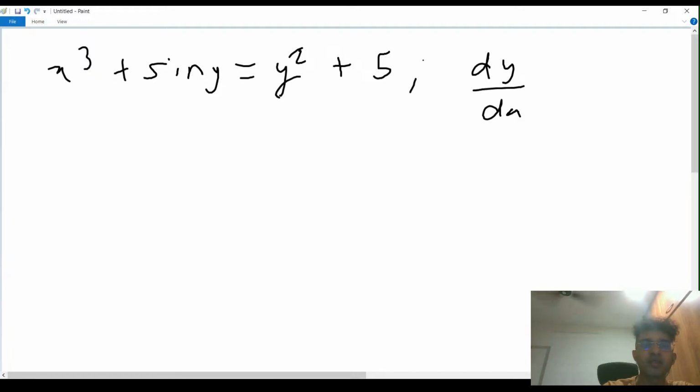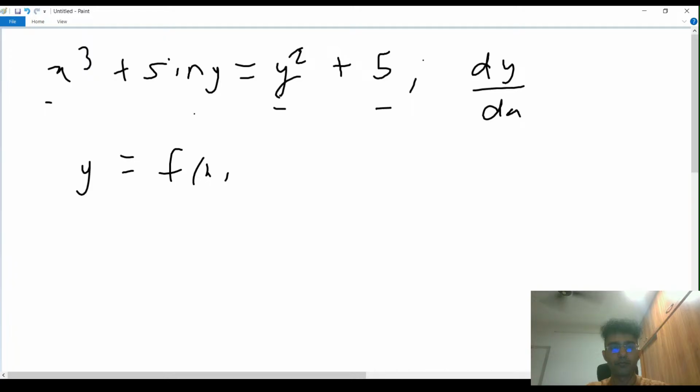So what is implicit differentiation here? Here you do not have explicitly mentioned like y equals some f of x. You don't have it here. It's a mixed equation here. You have x and y on this side as well and y on that side as well, right? So you have to find out dy by dx. Okay. How do you do that? What happened, Janika?